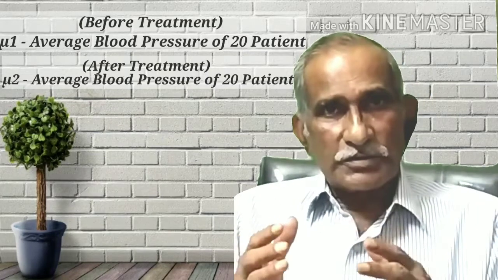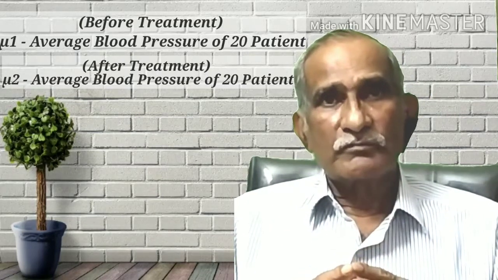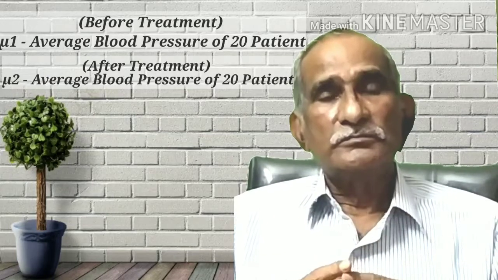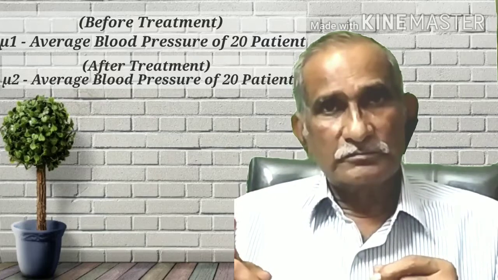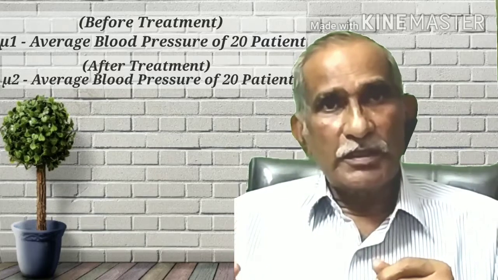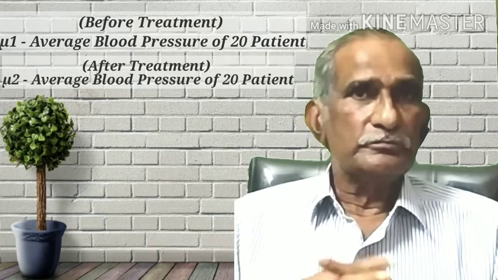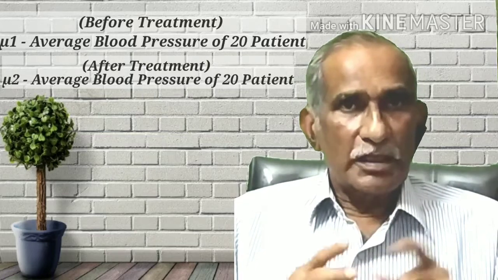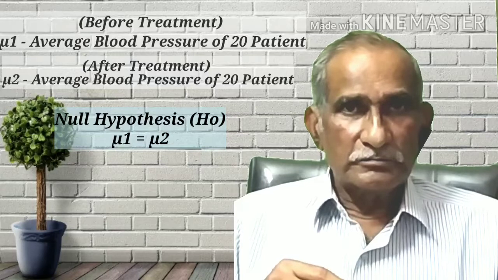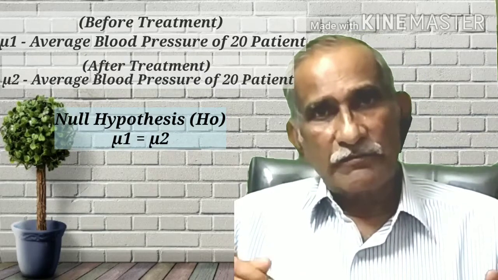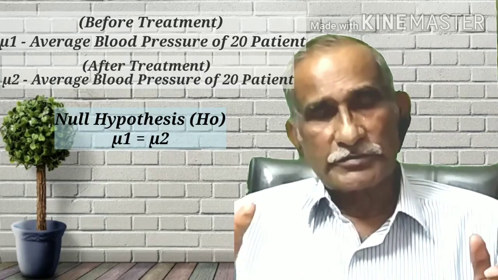Now you will make your null hypothesis, that is H0, like this. H0: mu1 equal to mu2. Average blood pressure before treatment is same as average blood pressure after treatment.